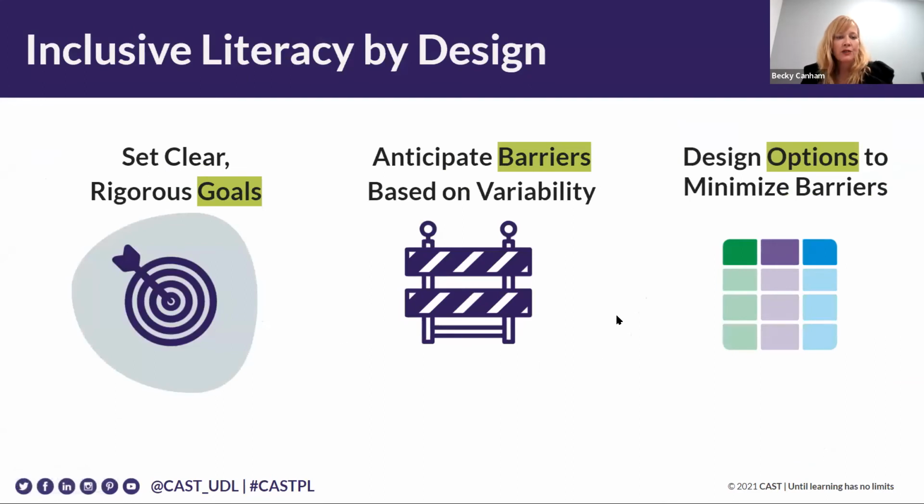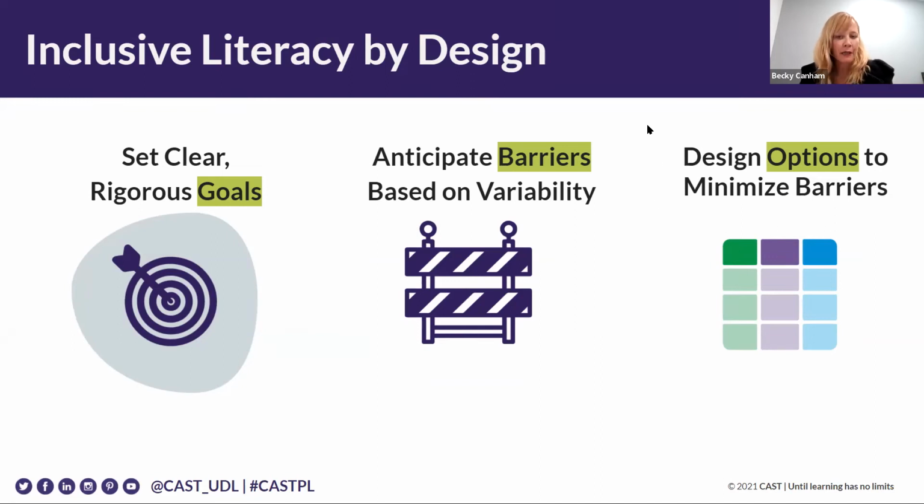Going back to the idea of inclusive literacy by design, we're thinking about this process of designing. We started a few sessions ago by thinking about the importance of beginning with clear, rigorous goals. Last webinar, we talked about how, now that we have that goal, we design this learning experience and think about what barriers might come into play across those 4 areas.